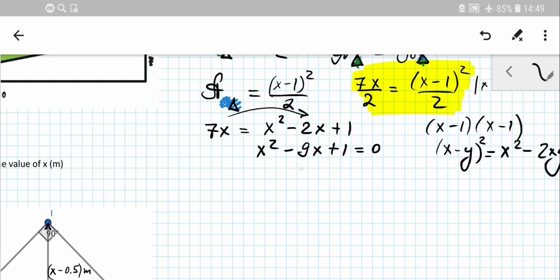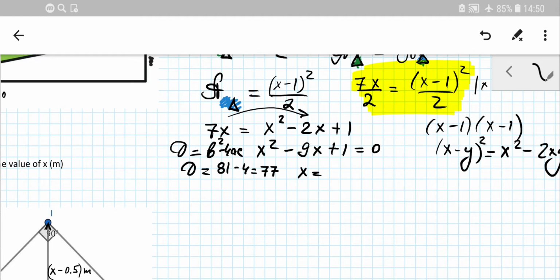I'll solve using the quadratic formula because I'm thinking one step ahead. I calculate the discriminant, which is b squared minus 4ac. In our case, it will give you a not so good number, because if you evaluate the discriminant, it's 81 minus 4, which is 77, and it's not a good number because the square root of the discriminant is not a whole number.